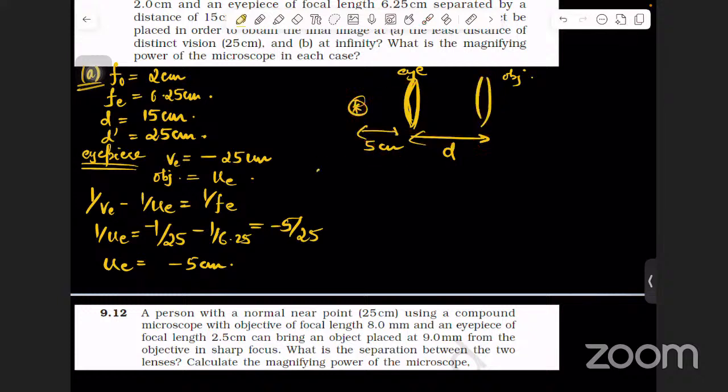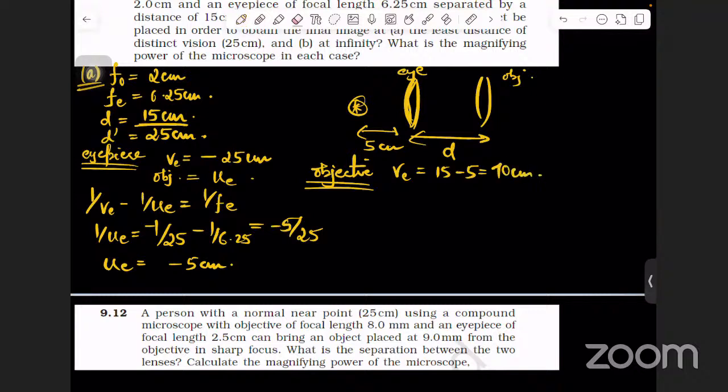So for the objective, the image distance is D plus 5. D was 15 centimeters, so 15 minus 5, which is 10 centimeters.